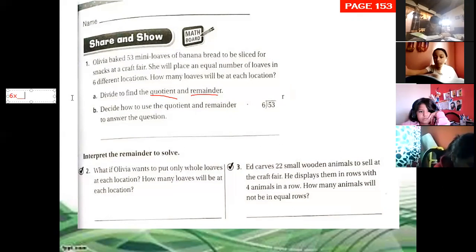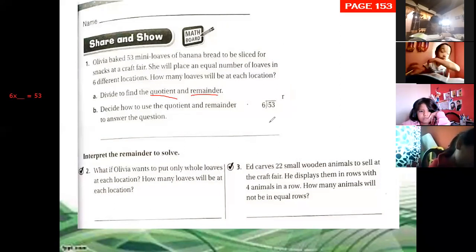So it's 6 times an unknown number equals 53. We can have an exact division or a division with remainder. In this case, the division needs to have a remainder because of the topic, interpret remainder.